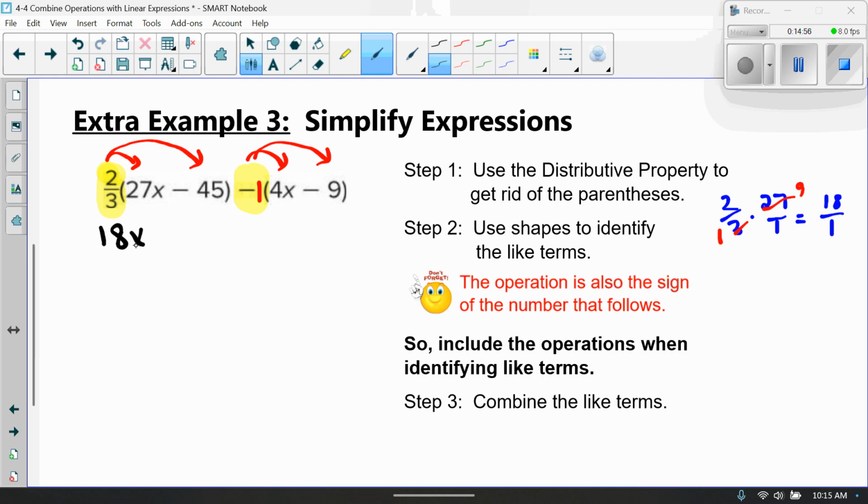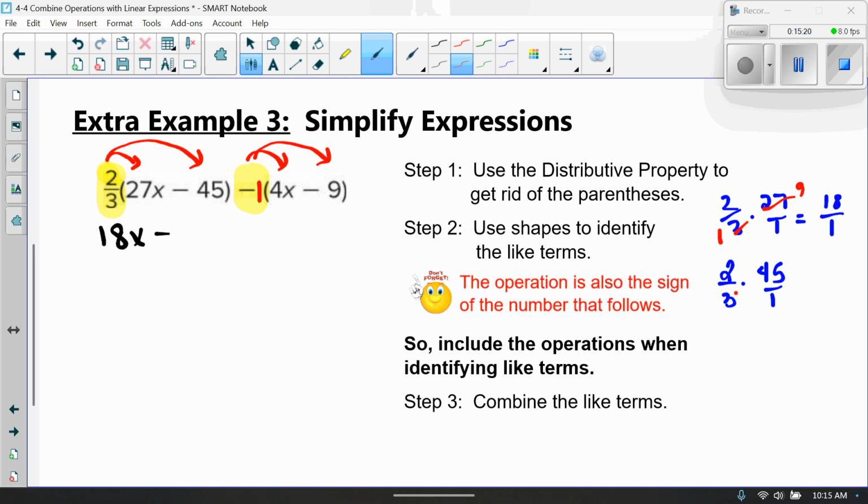And now we have 2/3 times a negative 45. That's a positive times a negative, so that's going to be a negative. Let me just go ahead and write that down right now. That's going to be a negative. I'm going to do my scratch paper work over here. We've got 2/3 times 45 over 1.